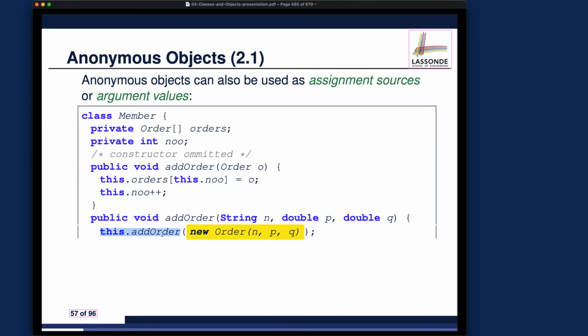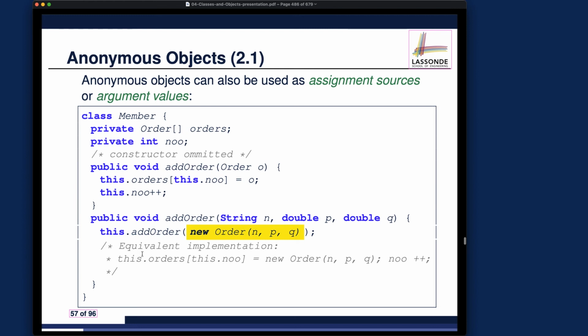And now this.addOrder is basically calling this particular version of the method. And now rather than simply creating this object and storing that in some named variable and passing the variable as an argument, we're just passing the anonymous object directly. You can see syntactically, it's nothing new for you to learn. All you have to remember is you can simply use the new expression here to specify the object without its address being stored elsewhere.